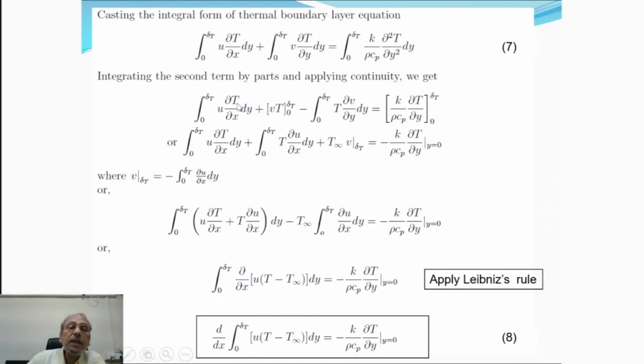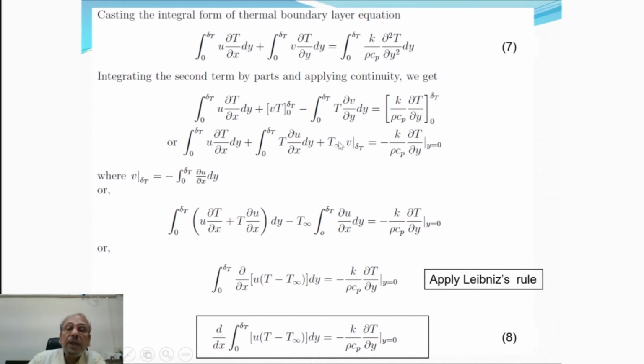So 0 to delta T u del T del x dy, we retain it. At the edge of the thermal boundary layer, T becomes T infinity. So this term we have written here, just changing the location. So at the edge of the boundary layer, T is T infinity, then v at delta T. And at the lower limit, v is 0, so it will not have any value.